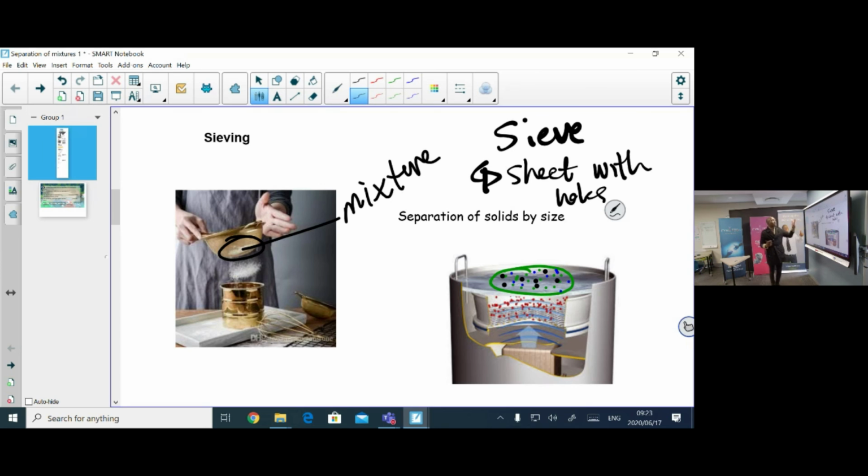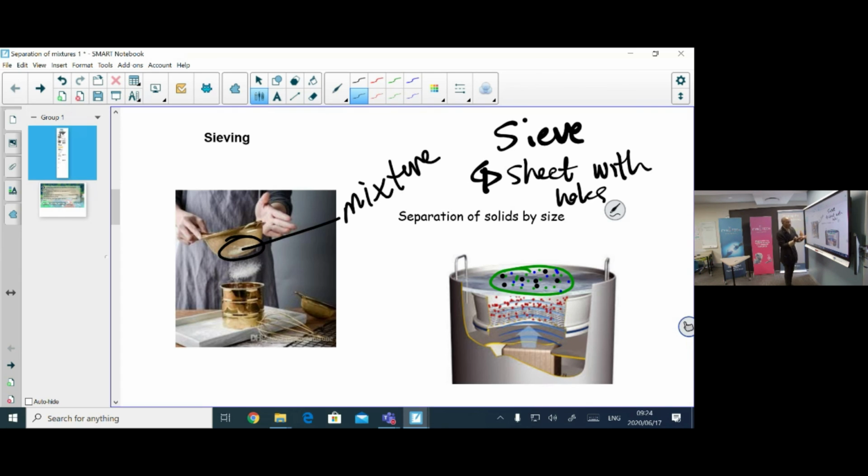A sieve will be a sheet with holes of particular sizes, and those holes with those particular sizes will hold up particles of a particular size and allow particles that are smaller than those holes to pass through.